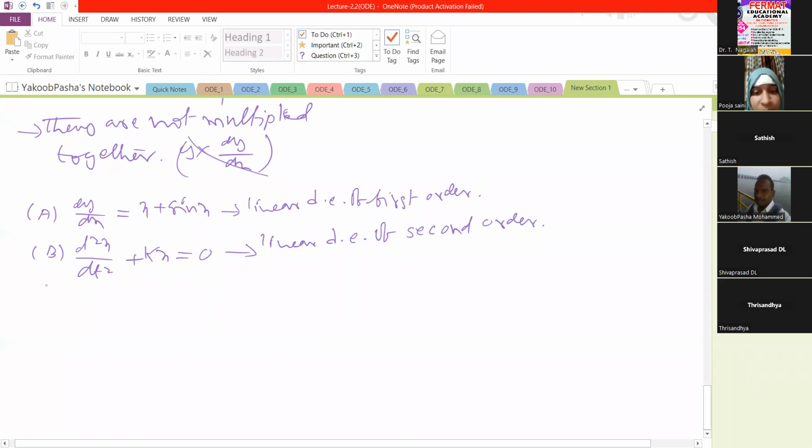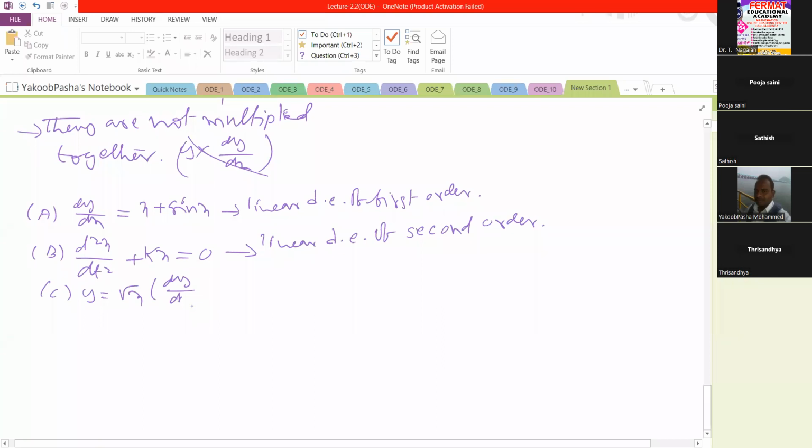And third one, I am taking C. The differential equation y is equal to root x into dy by dx plus k divided by dy by dx. Is it a linear differential equation or not? Non-linear.